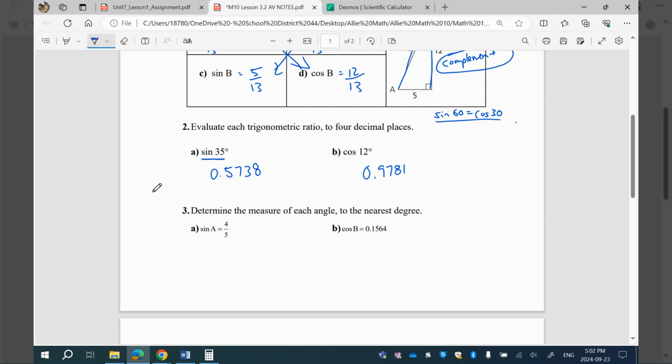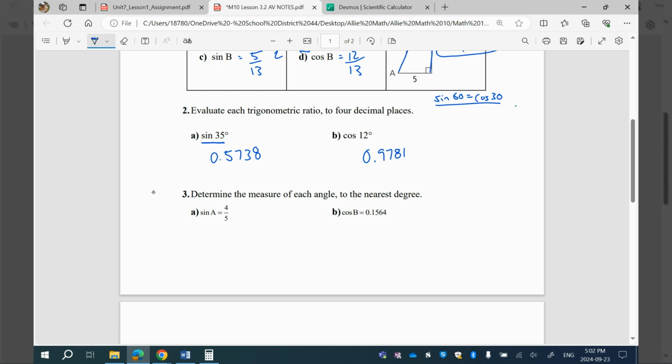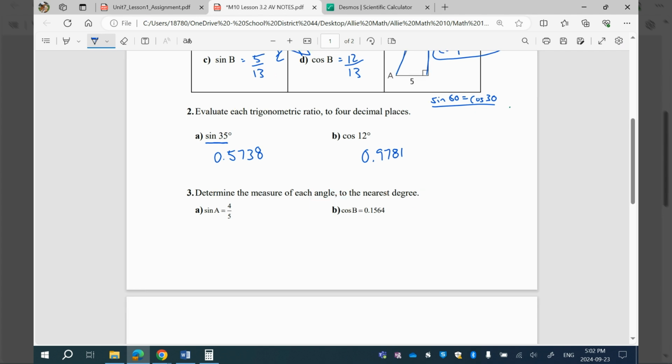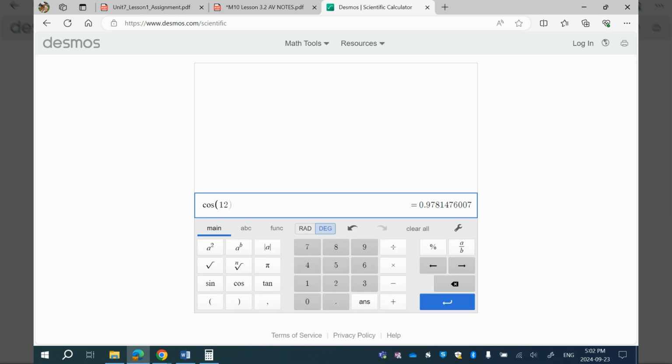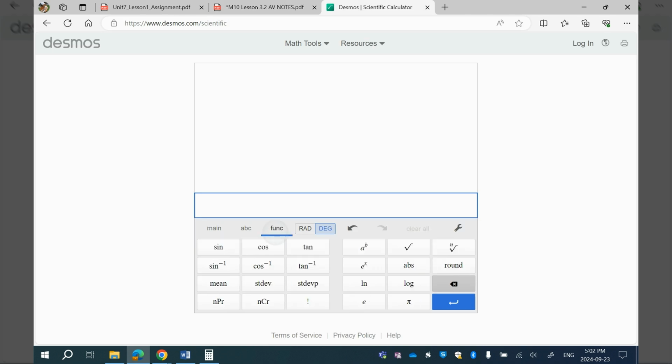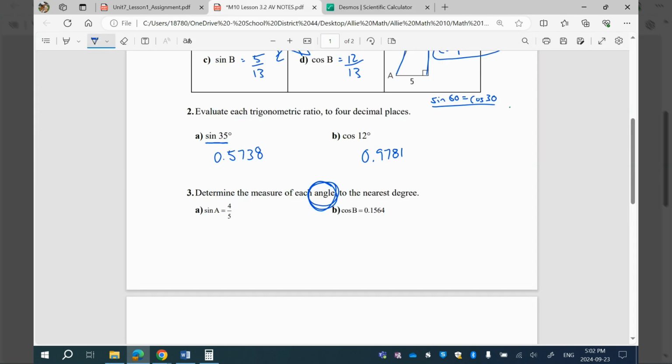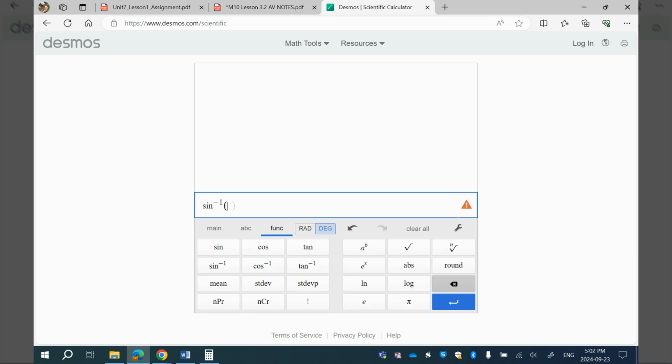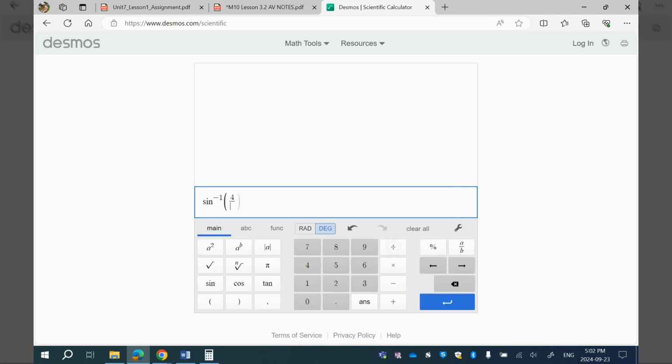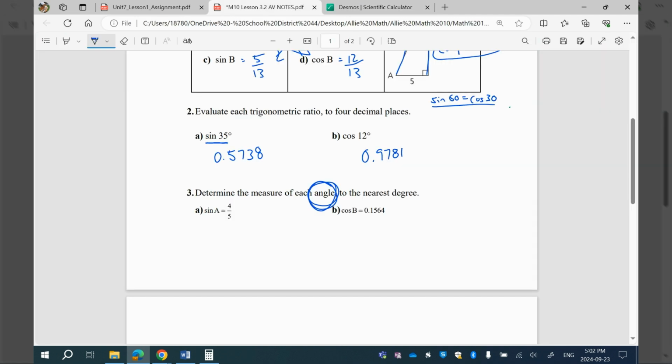In question 3, determine the measure of each angle to the nearest tenth. We're looking for an angle, which means we're going to use inverse. So the inverse of sine A, sine 4 over 5, close our brackets, equals 53 degrees.